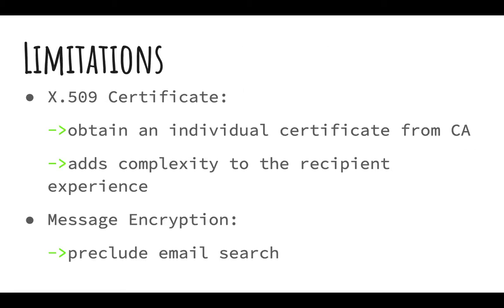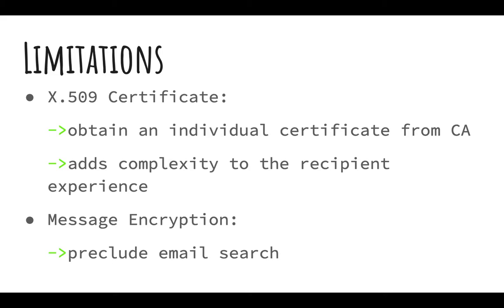S-MIME uses X.509 certificates that are issued by certificate authorities. Before using it, each user needs to obtain an individual certificate from an in-house certificate authority or by buying one. The costs involved with either creating a certificate authority or buying a certificate for each sender may well be prohibitive and the process overly complex.